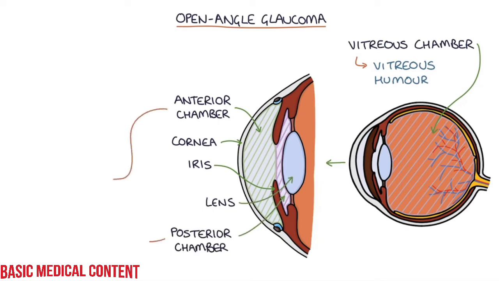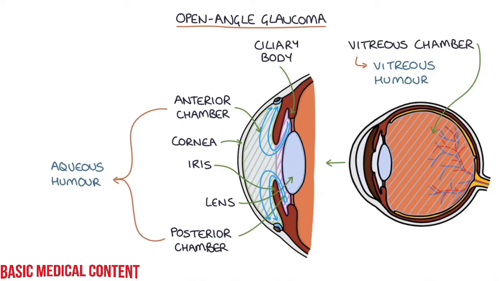These anterior and posterior chambers are filled with aqueous humor that supplies nutrients to the cornea and keeps it healthy. The aqueous humor is produced by the ciliary body, and then the aqueous humor flows around the iris from the posterior chamber into the anterior chamber, where it drains through something called the trabecular meshwork at the angle between the cornea and the iris.